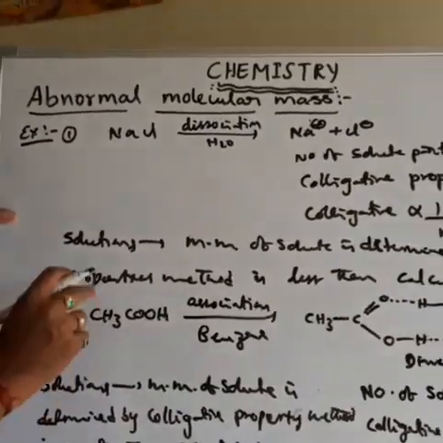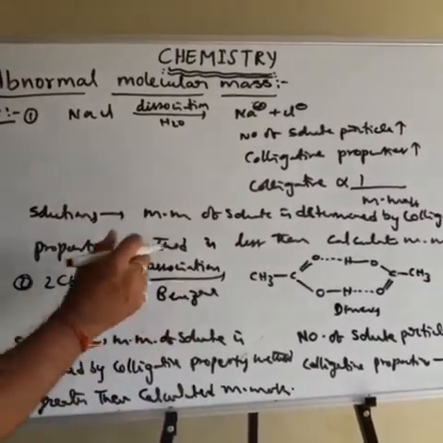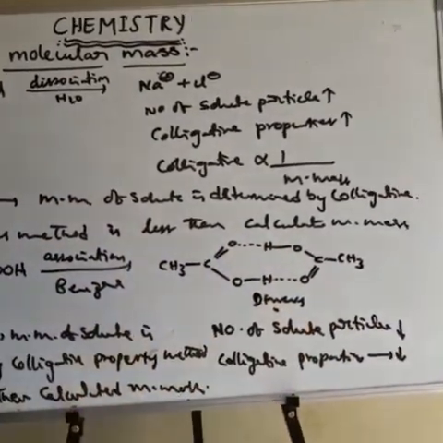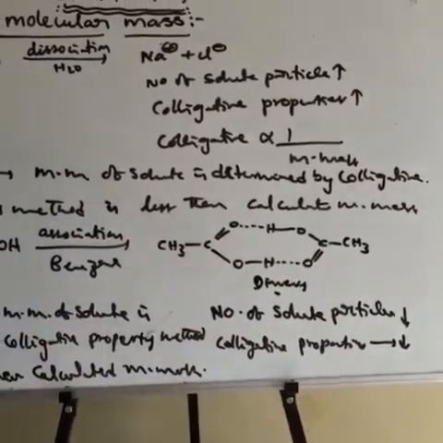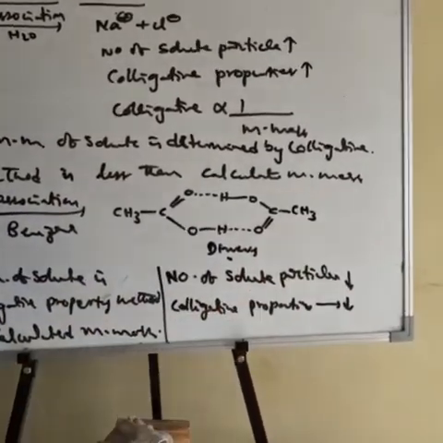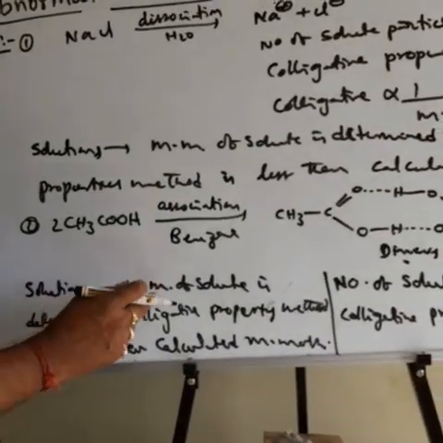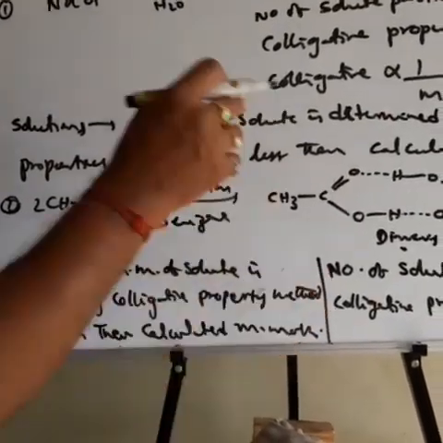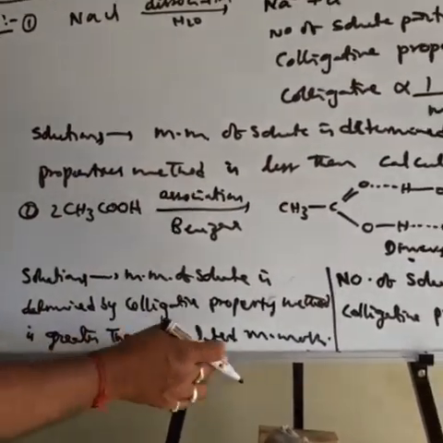See the second example again: acetic acid is dissolved in benzene and undergoes association. Two molecules combine through hydrogen bonds to form a dimer, and three molecules associate to form a trimer. The formation of dimers and trimers decreases the number of solute particles in the solution, so the colligative property also decreases, and the molecular mass increases. The experimental molecular mass is greater than the calculated molecular mass.